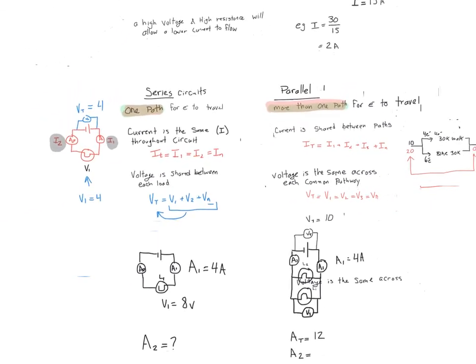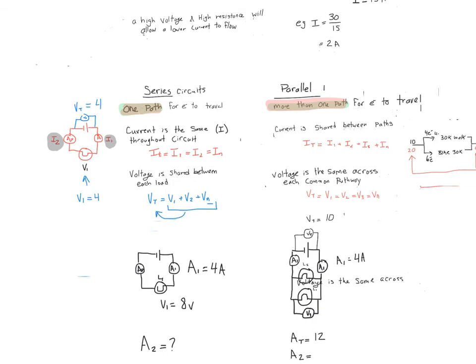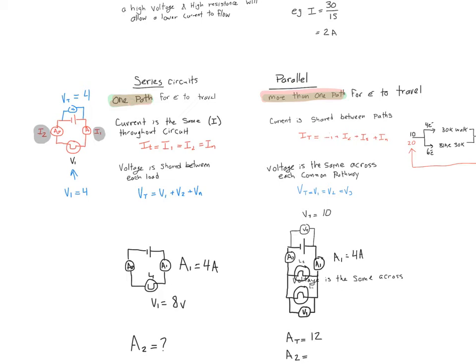So here we have our two diagrams in tandem. And you should notice that there are similarities and differences between series and parallel circuits. You should also notice that their reactions to current are opposite one another. So in here, the current is constant, but in here, the current is shared.